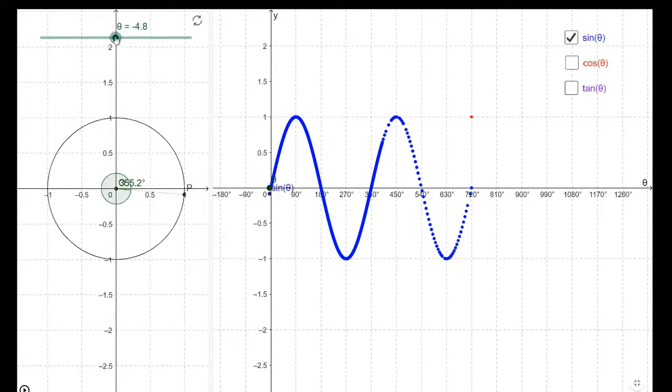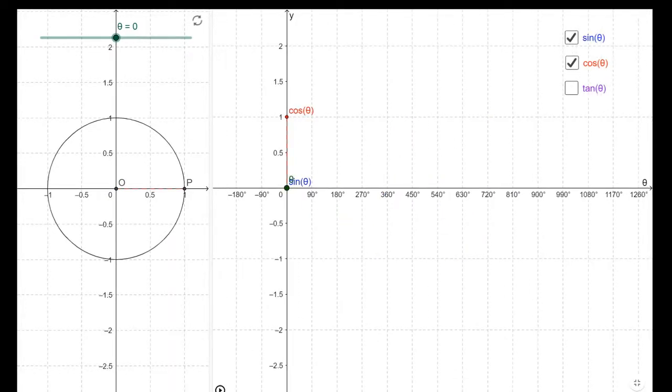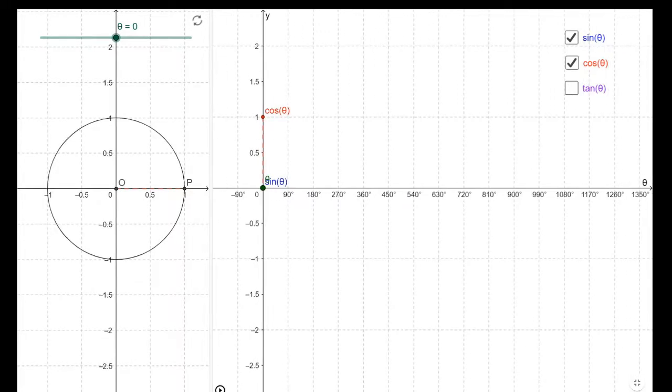Now, let us look at cos. Let me put this theta value at 0, and let us study cos. Let us see what happens when cos comes. Okay, now guys, look carefully.